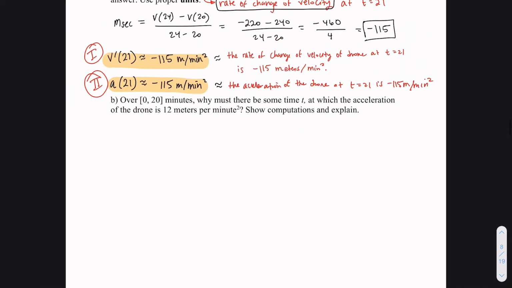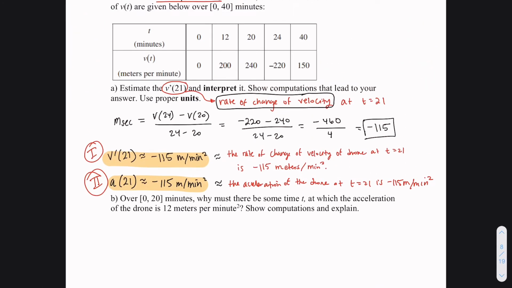B says from 0 to 20 minutes. Okay, so let's highlight from 0 to 20. Why must there be some time t at which the acceleration of the drone is 12 meters per minute squared? So here's what's going through my head as soon as I read this problem.